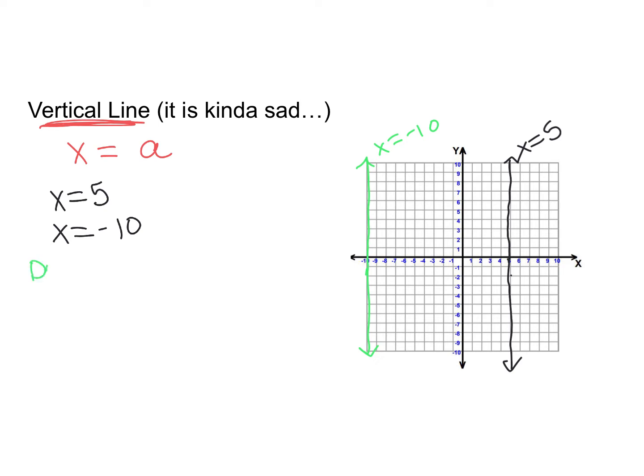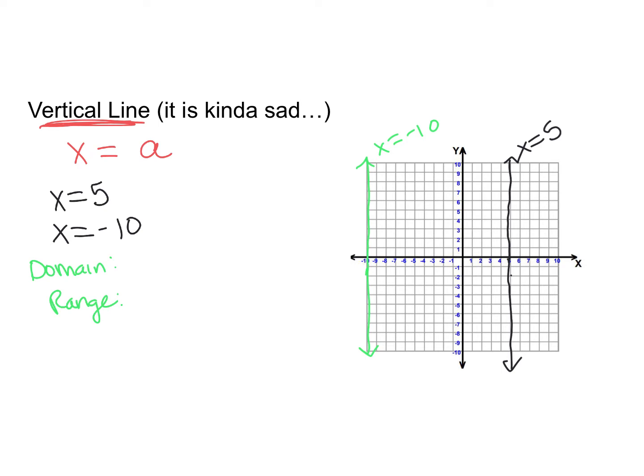Now, as far as our domain and range, which one do you think it would affect? This time, as a few of you typed into the chat, the domain would be affected, right?